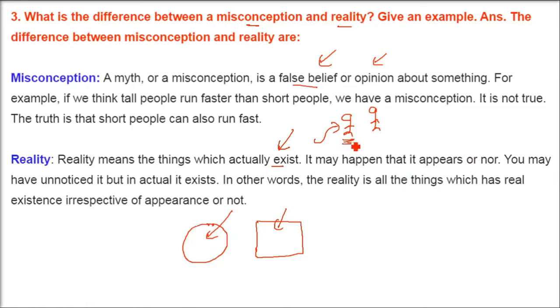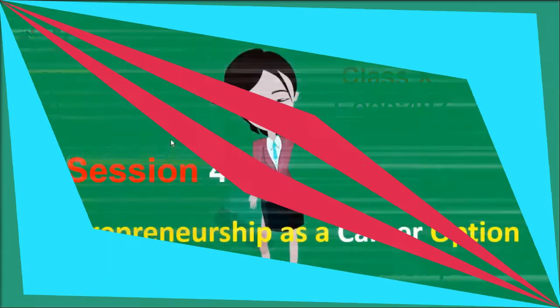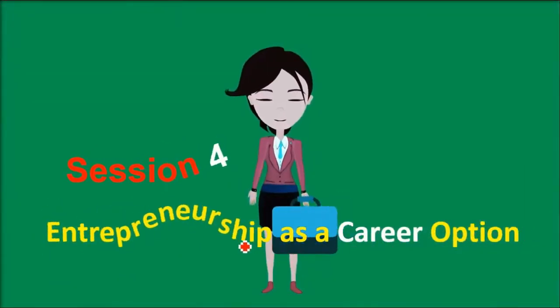For example, short people can run faster. You have seen that. The globe, the earth is round. It is not flat, it is not square or rectangle. So that is not reality. So misconception is misconception, reality is reality. Okay, thank you so much.